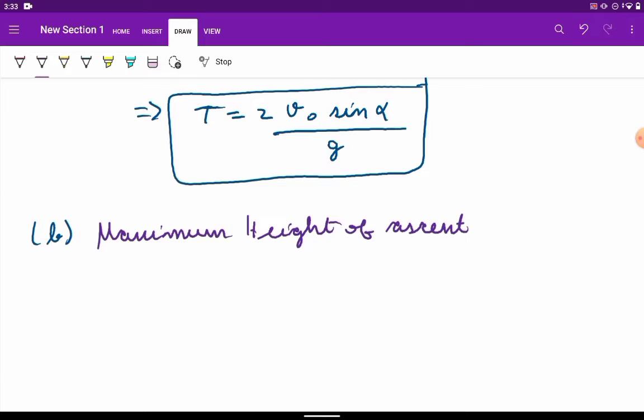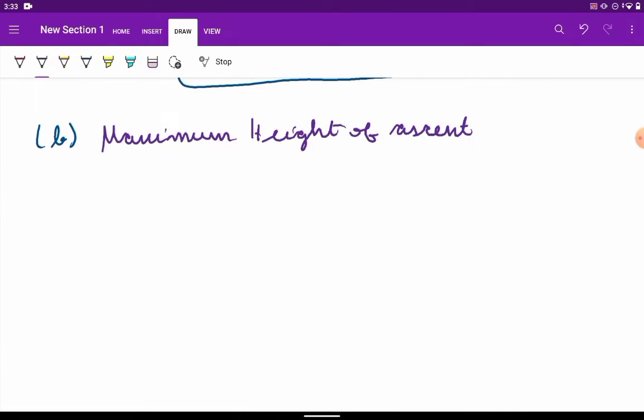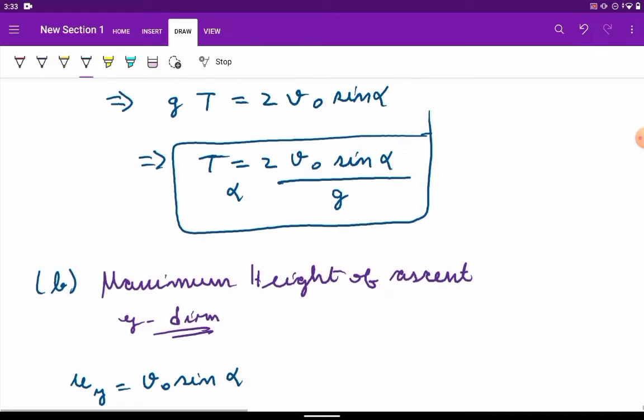So basically at maximum height of ascent, again we'll solve it in the y direction, right? So again let's consider this, like you have your uy equal to v naught sine alpha as usual, as in the first case.